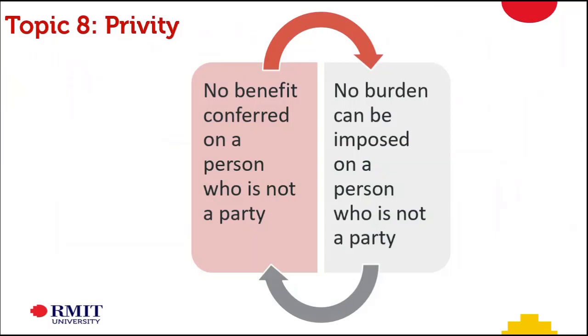Privity. Pretty straightforward. This is why who the parties are is going to be an essential term each time, because only the parties to the contract can sue or be sued on that contract. So no burden can be imposed on a person who is not a party, and no benefit can be conferred on a person who is not a party.